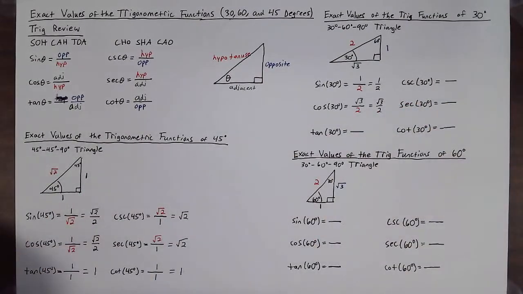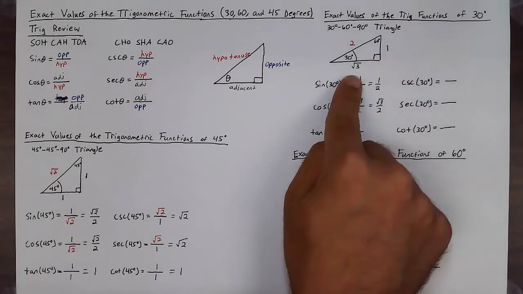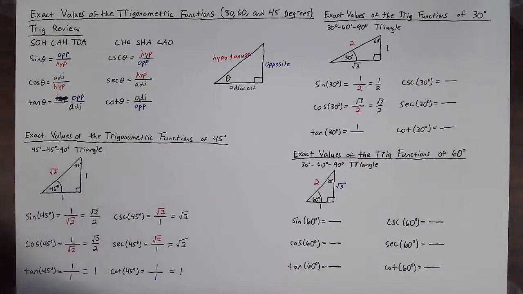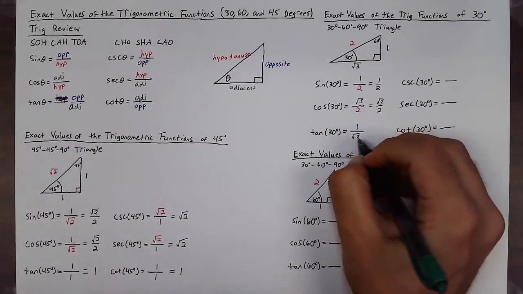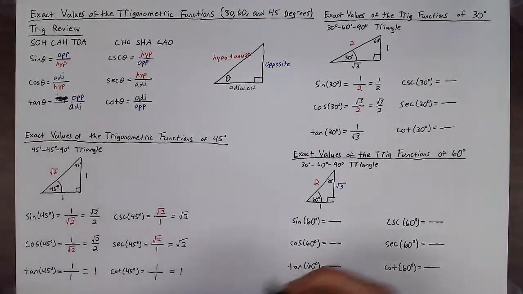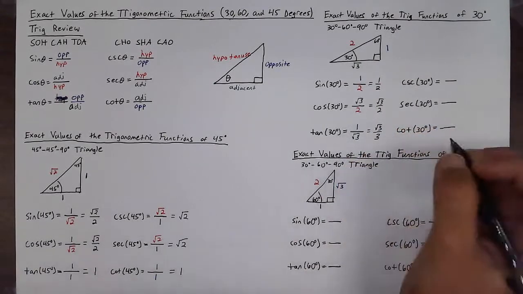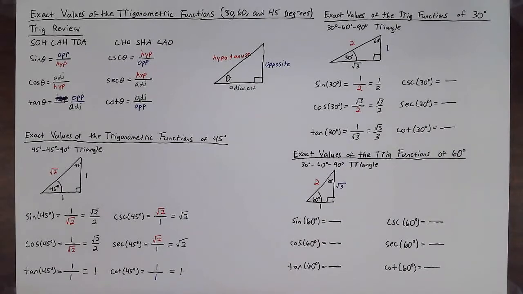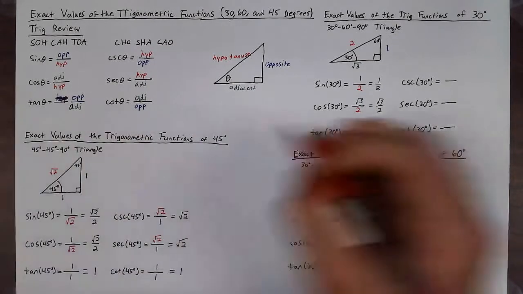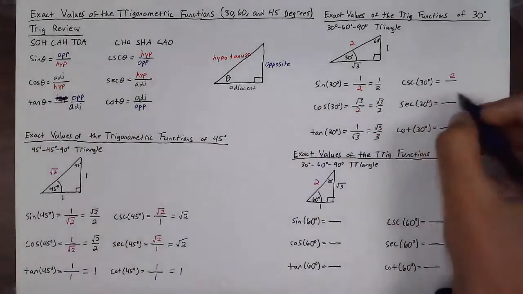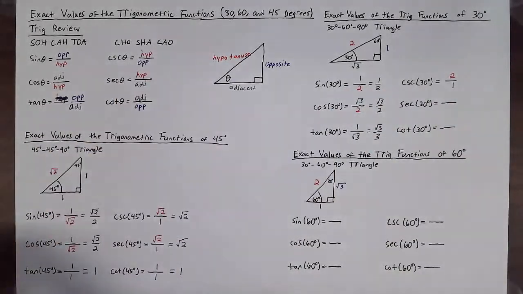Tangent of 30 degrees is going to be opposite over adjacent, giving me 1 over the square root of 3, which when rationalized by multiplying the top and the bottom by the square root of 3, gives me the square root of 3 over 3. Cosecant is going to be hypotenuse over opposite, so 2 over 1, which simplifies to 2.